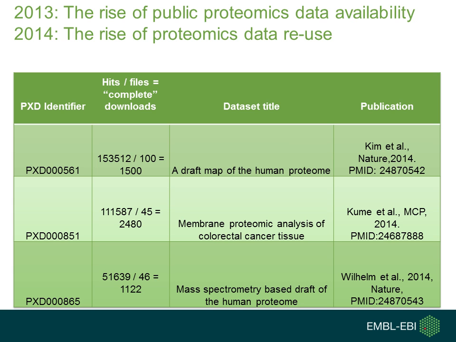These numbers are generated as total number of files from this particular ProteomeXchange accession number downloaded, divided by the number of files in this data set. So that means really this is complete downloads. If people only did a spot check and downloaded a couple of files, then this is even an underestimate. But of course, there's also a long tail of data sets which are probably accessed never or once or so.